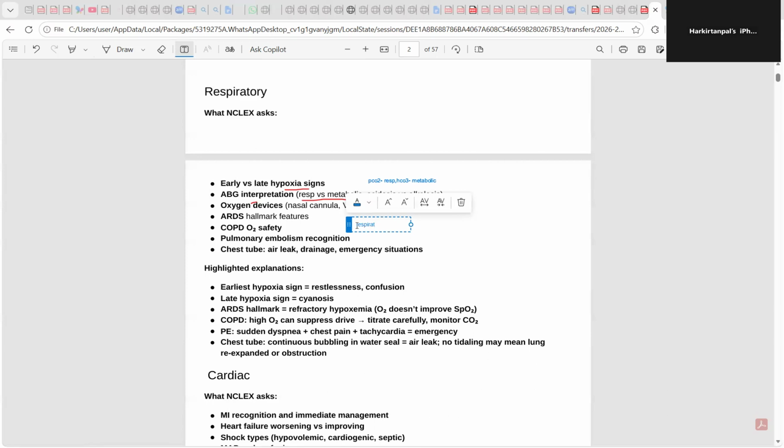Respiratory failure is a life-threatening complication. If the client is using accessory muscles for respiration, it is a life-threatening complication.